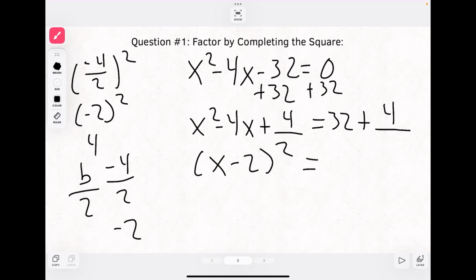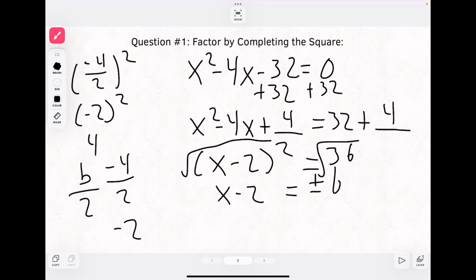But anyways, we're now going to simplify the right side. 36, square root each side, and that is going to give you x minus 2 is equal to plus or minus, since we took the square root, 6. And then from here, we're simply going to solve for x by making two equations.